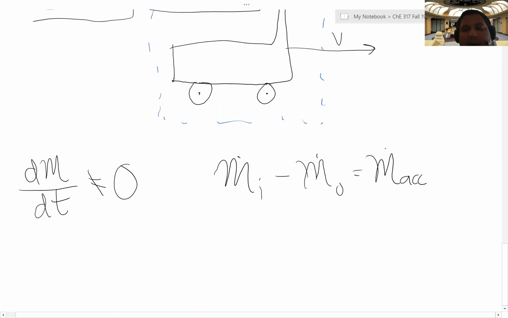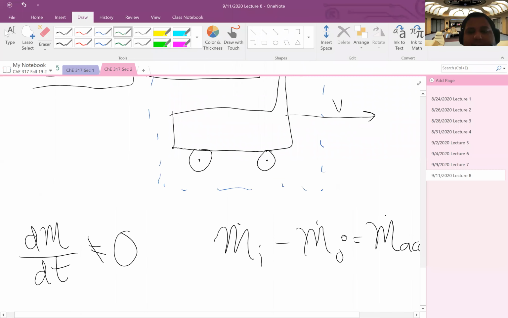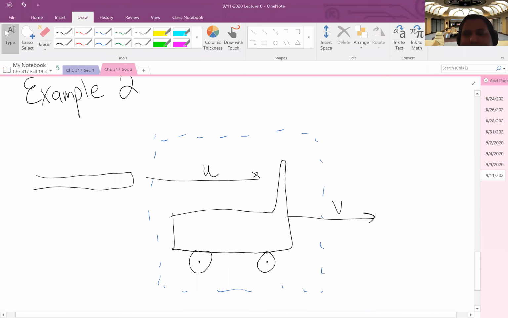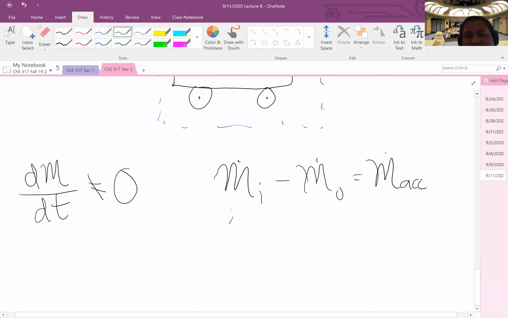For this problem, there is momentum in because we have the jet striking the trolley. We don't really have any momentum out. And we do have accumulation because we have acceleration of our trolley.